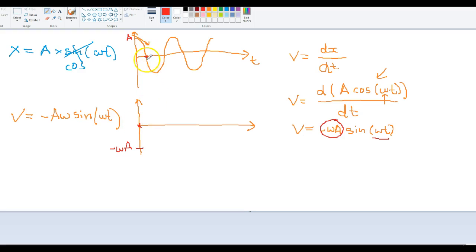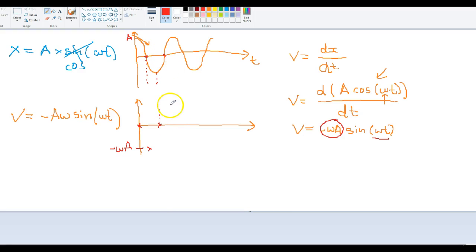So when this value here is 0, we are going to be at a negative maximum. So the next point we're going to have on this graph would be down here. And then it's going to return when this one is here. We're going to be back at this point.